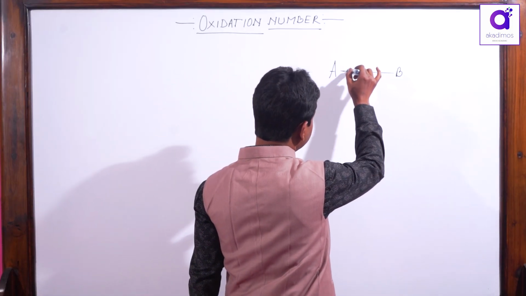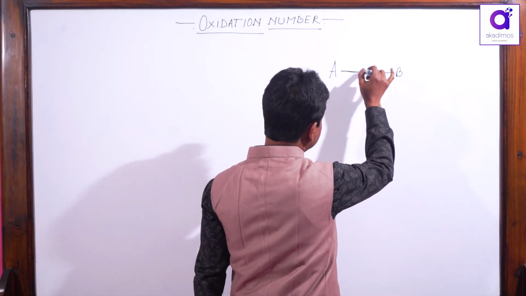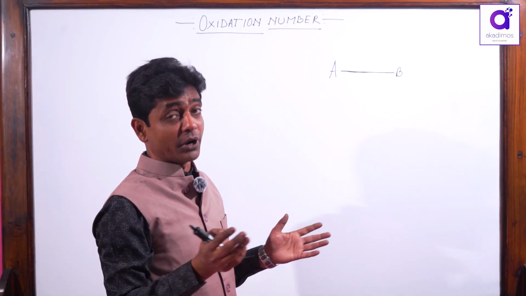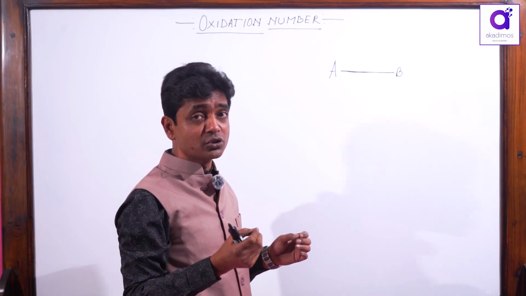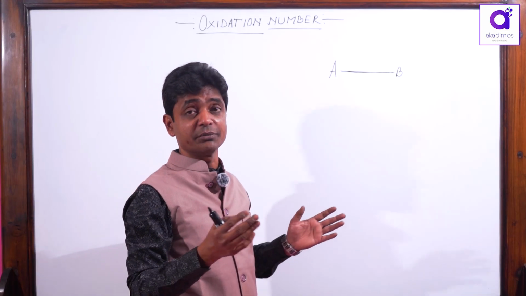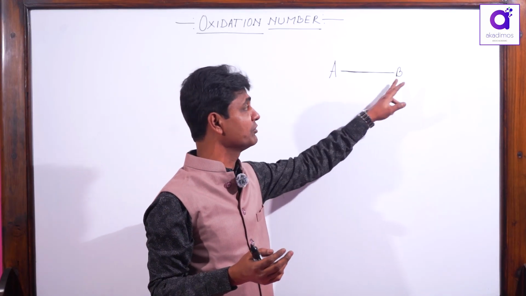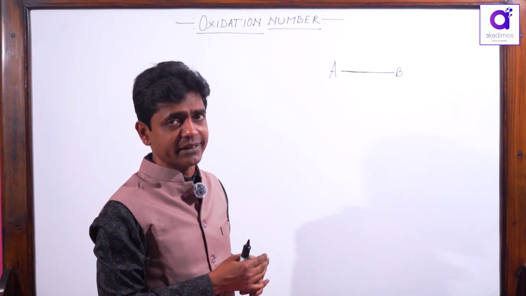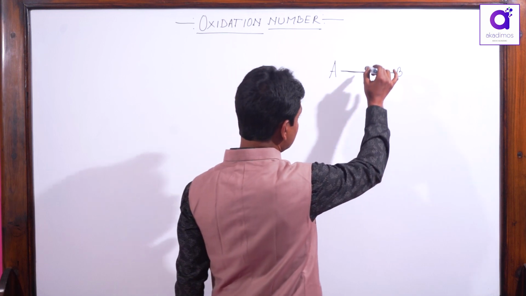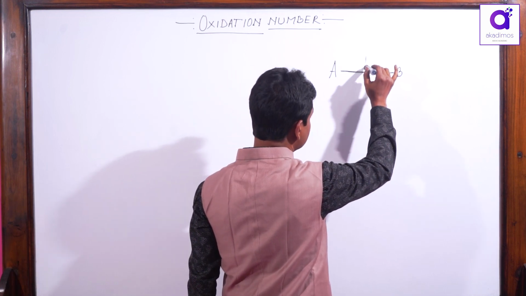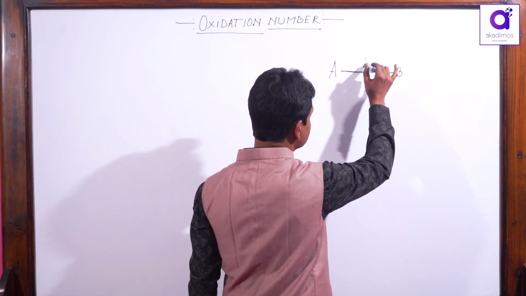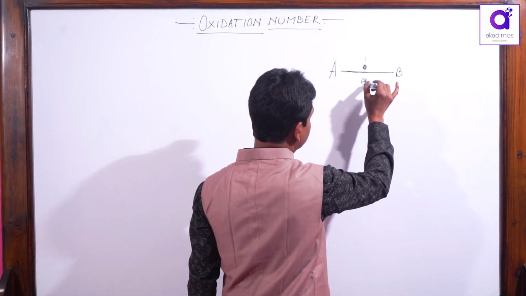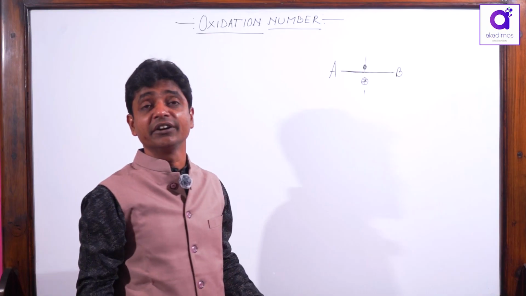If I consider it purely covalent, the electron cloud should be symmetrically distributed among the two nuclei A and B. If I take it as a dot, then this dot should reside just in the middle of the two nuclei, one electron from A, another electron from B. Then it is purely covalent.